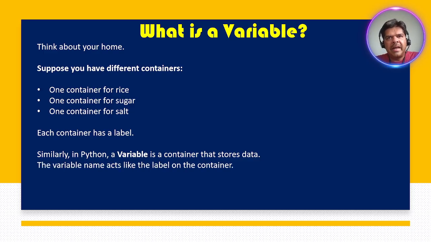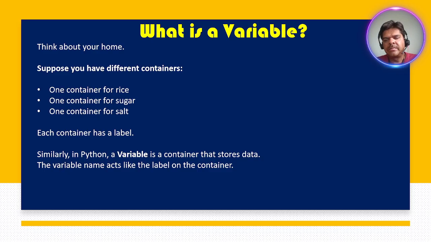We give a name to that variable. The variable name acts like the label on the container. Using that label name, you can identify the container, what it is and what it is for. Same way, here we give a name to our variable.